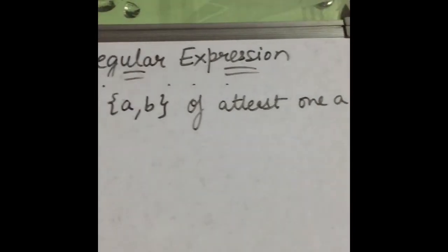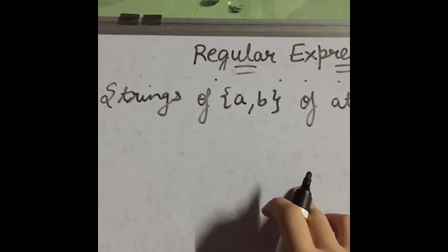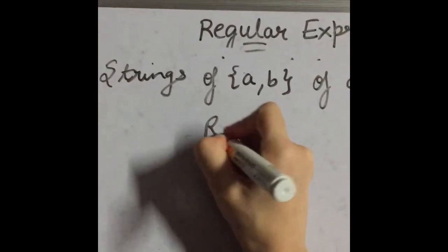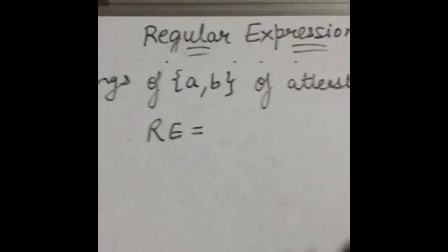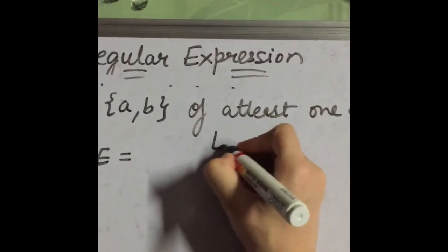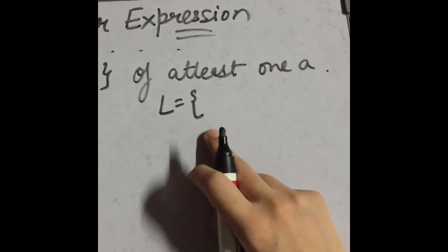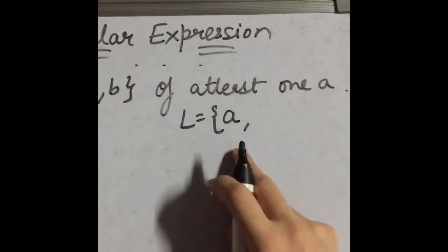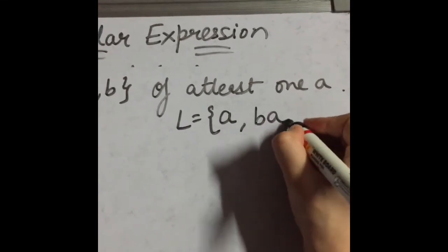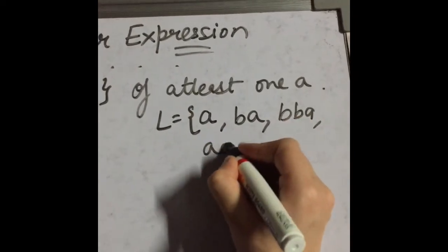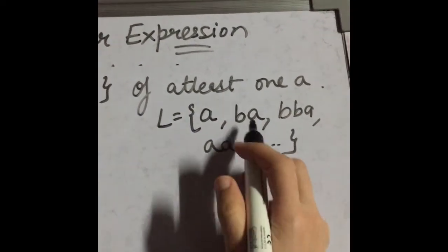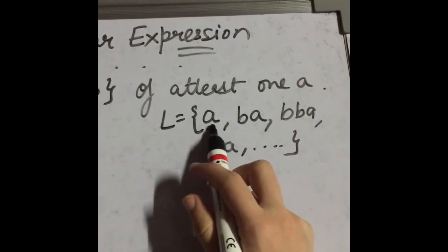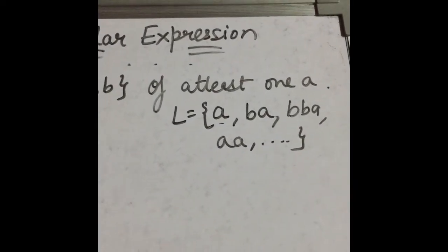You need at least one a in your string, and you find the regular expression for that. What strings are accepted? A single a is accepted, ba is accepted, bba is accepted, aa is accepted, and so on. Don't worry about b's, worry only about a's. You want at least one a.